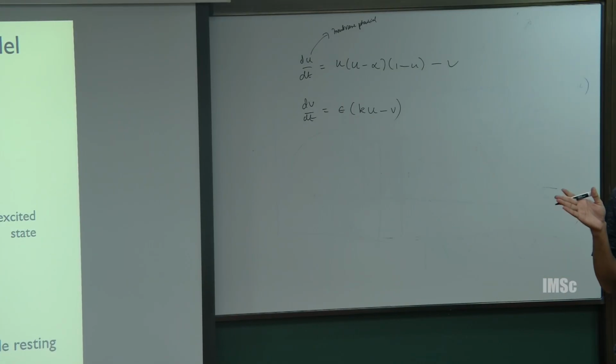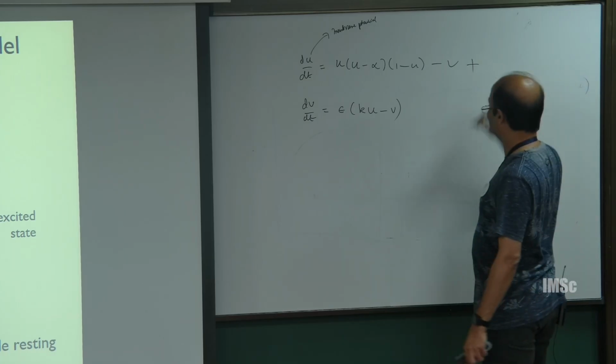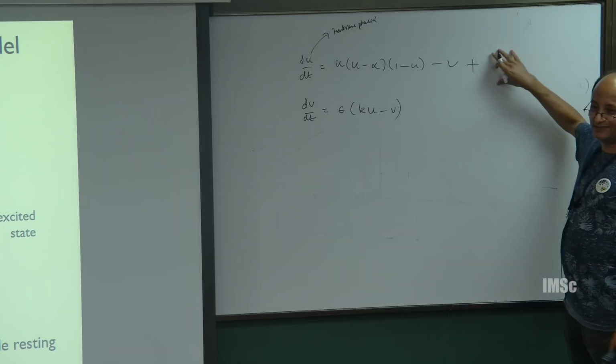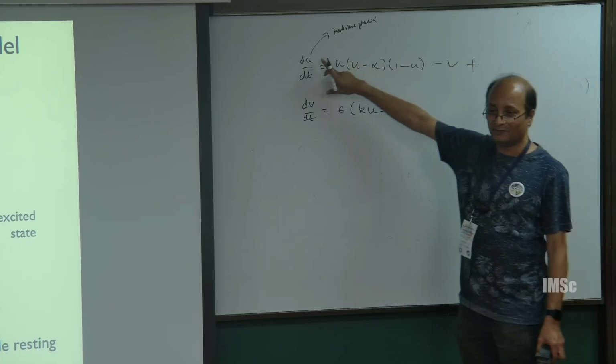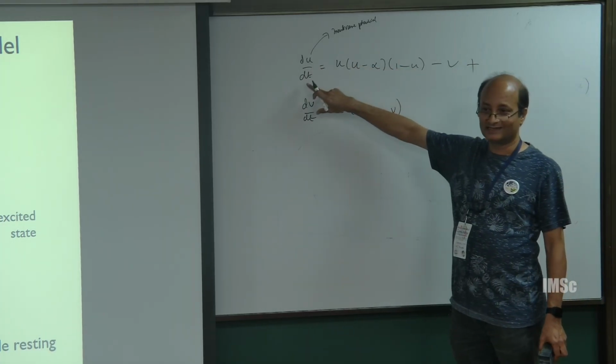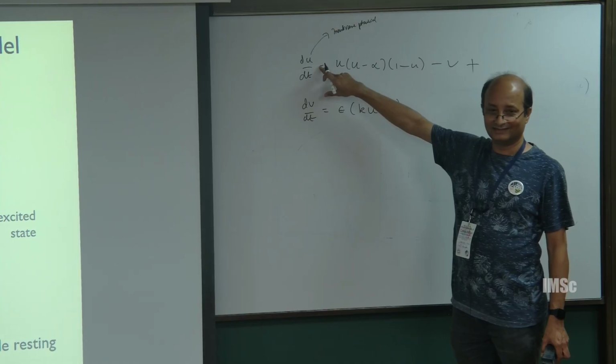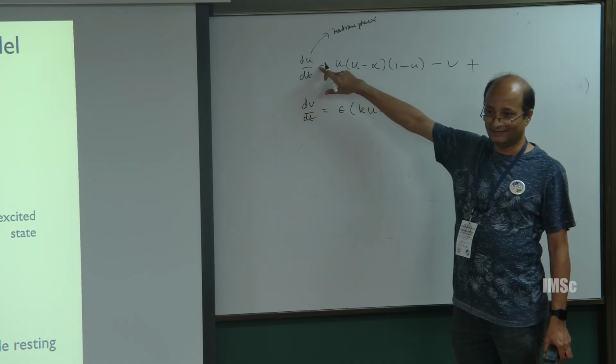Where would the external stimulus be added? Which equation? du dt, right? So plus what is this external stimulus going to be? Notice, if this is membrane potential, what is d/dt of a potential?